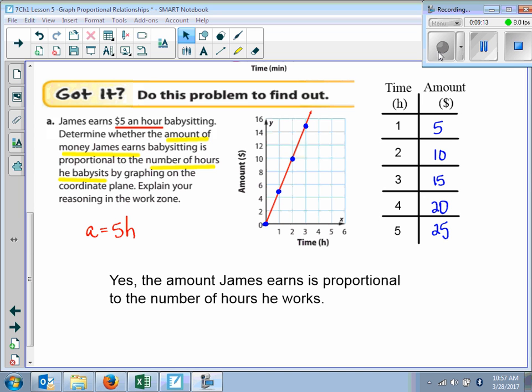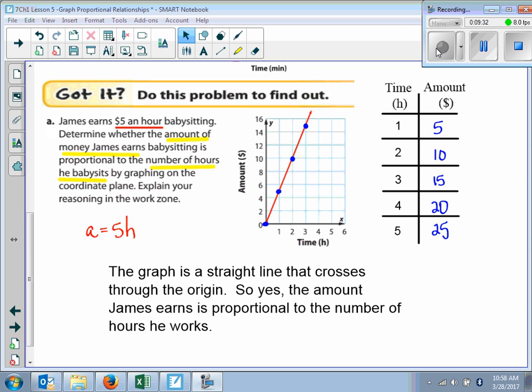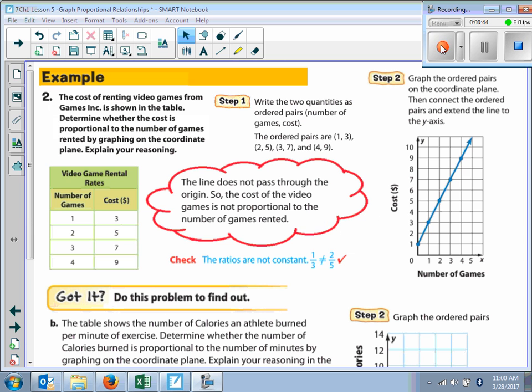So your final answer is yes, the amount James earns is proportional to the number of hours he works. And we know that because this is a straight line that crosses through the origin. Very good. Let's write that down too. The graph is a straight line that crosses through the origin. So yes, the amount James earns is proportional to the number of hours he works.